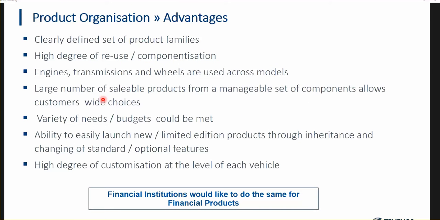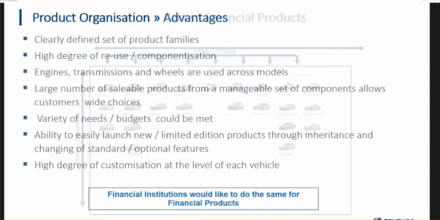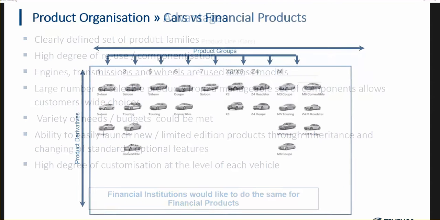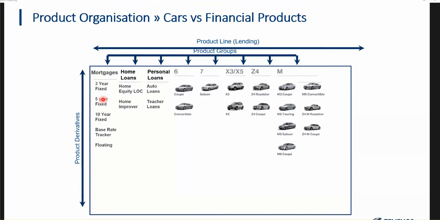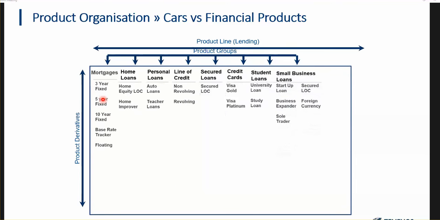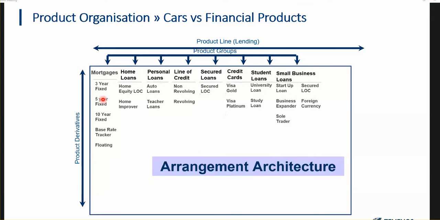Banks also want the same type of flexibility when they are building their products. So if we now replace the cars product line with lending, under lending we'll create distinct groups of lending products. These are similar types of loans, like a mortgages group, home loans group, personal loans group, staff loans group, whatever you want to call it.